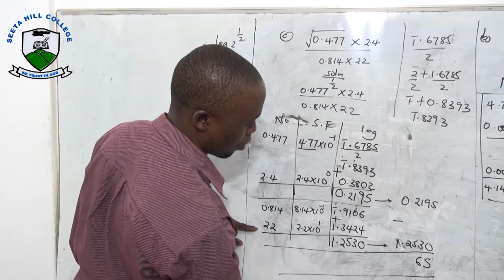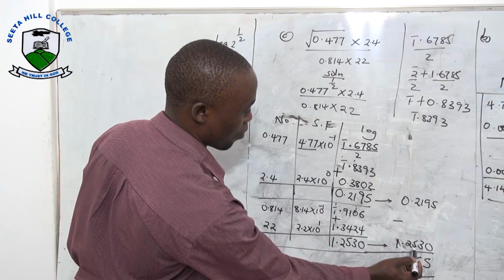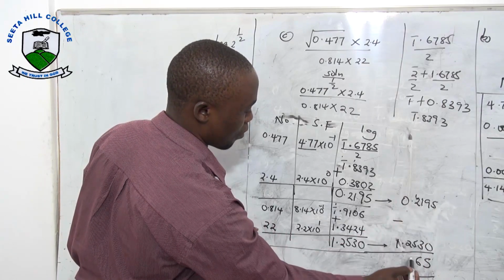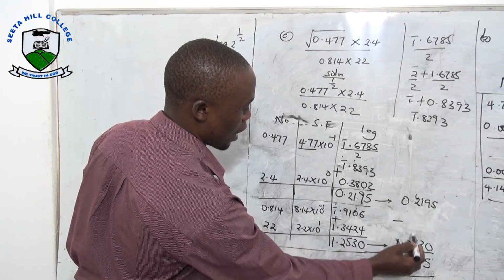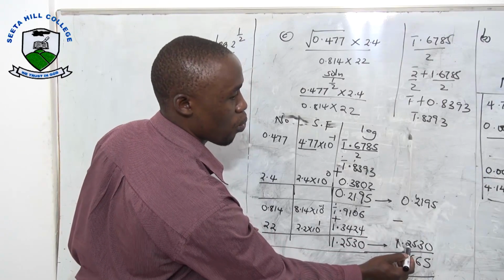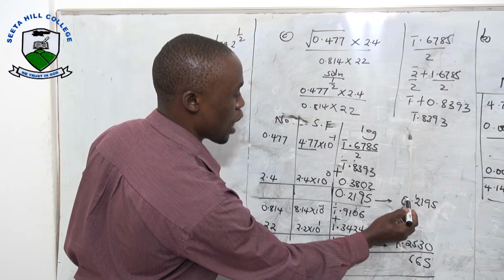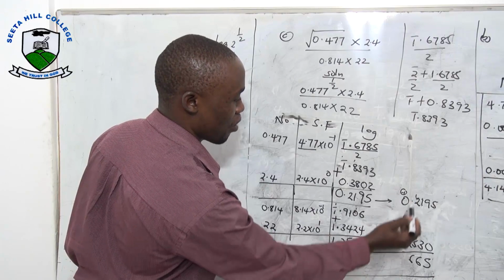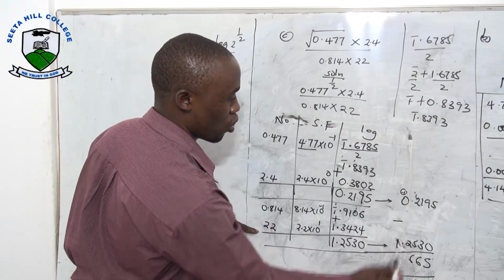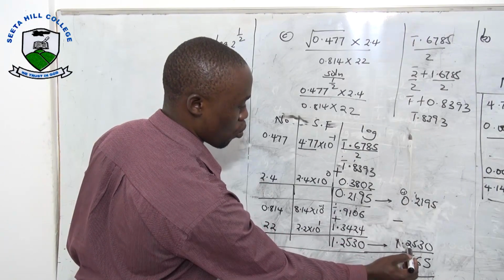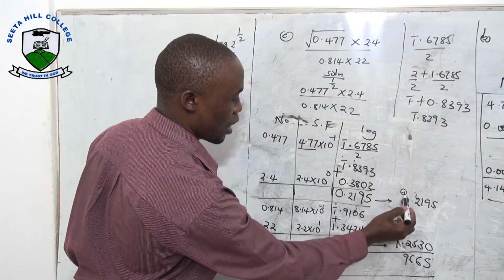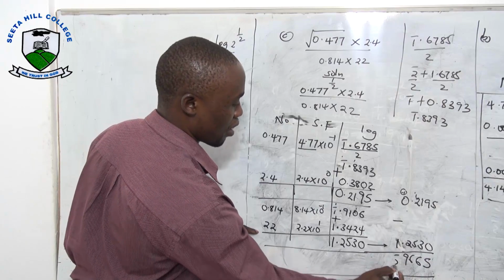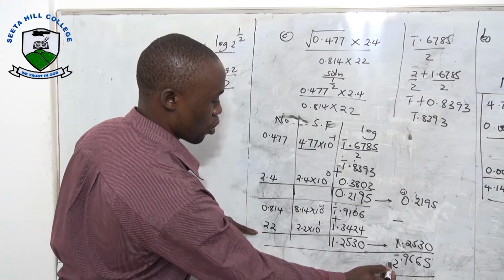No, what am I doing? 1 minus 5. We borrow. 11 minus 5, 6. 1 minus 2. We borrow. 0 minus 1. Therefore, I have this, not so? So 11 minus 2, 9. So, negative 1 minus 1, negative 2. Then you do what?